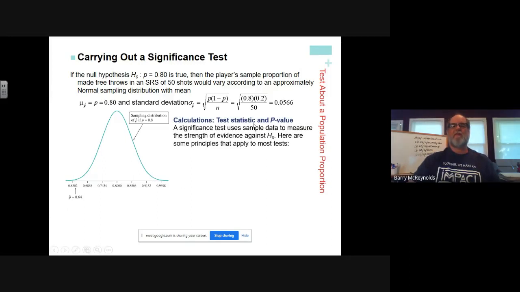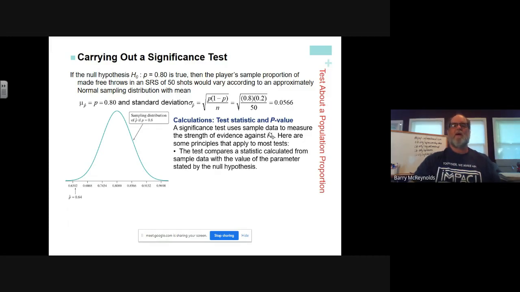The significance test uses sample data to measure the strength against the null hypothesis. So we're always testing against this value to see if we can reject it or if we have to fail to reject it. Remember, never in your response indicate that you think you should accept the null hypothesis. Always either reject it or you fail to reject it.